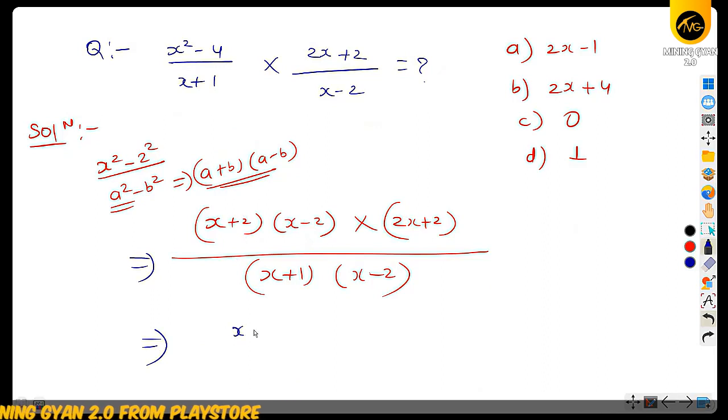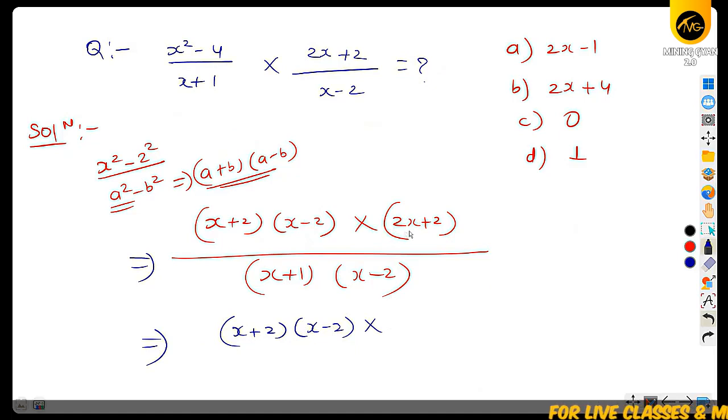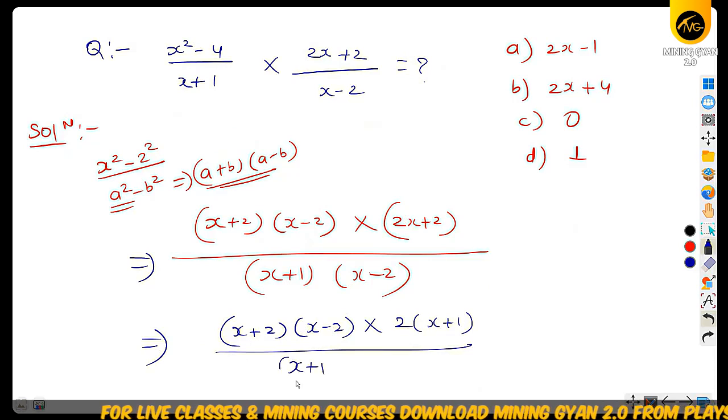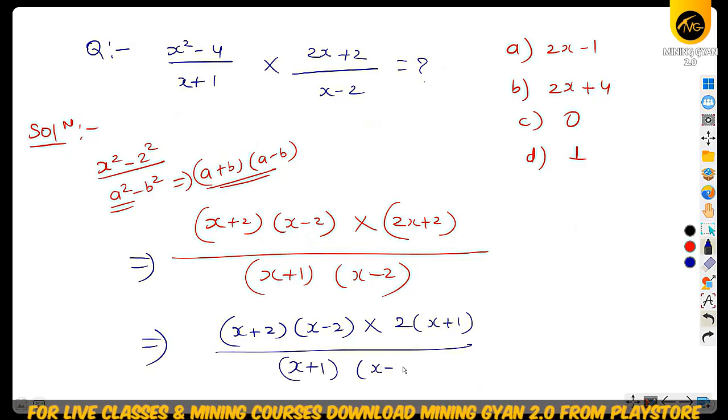Okay, if you have x plus 2 and x minus 1, then we can easily take the common factor 2 from this expression. So 2 into (x plus 1). That's why you can cancel out x plus 1 and x plus 1, and x minus 2 and x minus 2, from numerator and denominator.